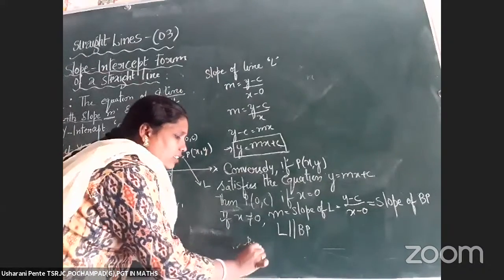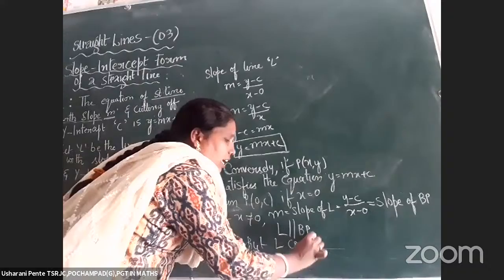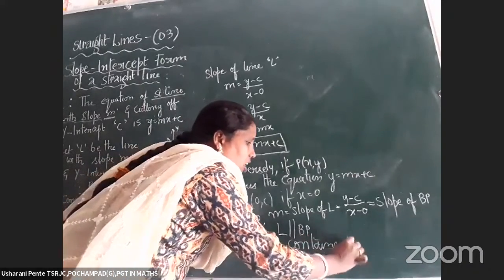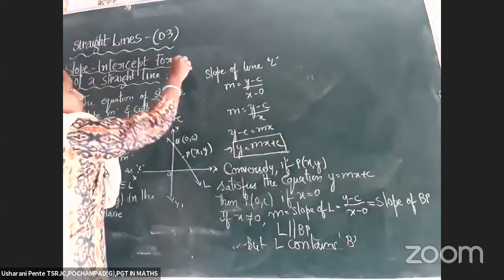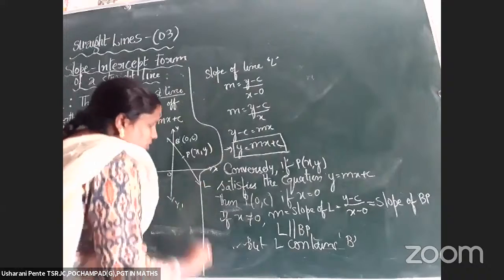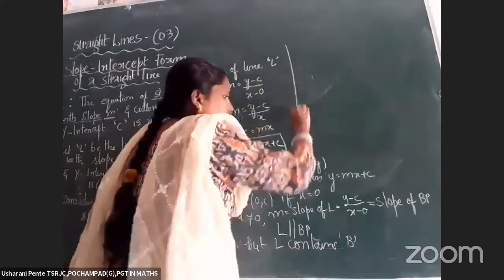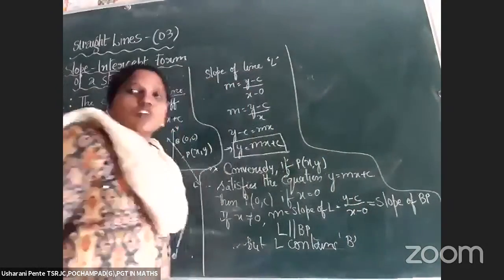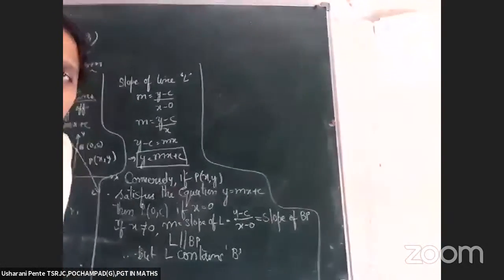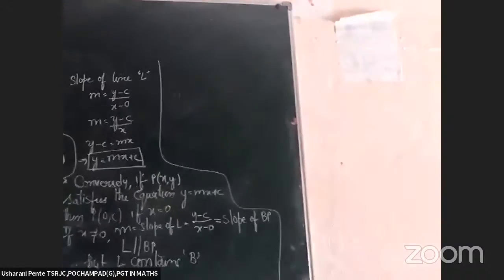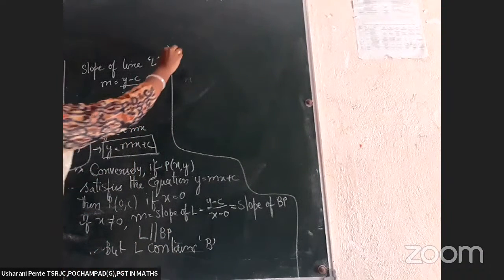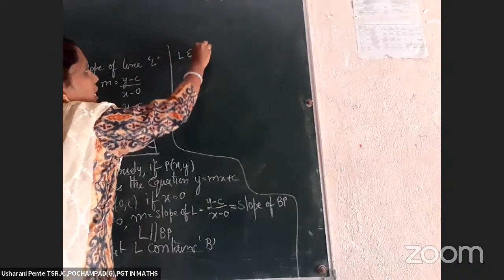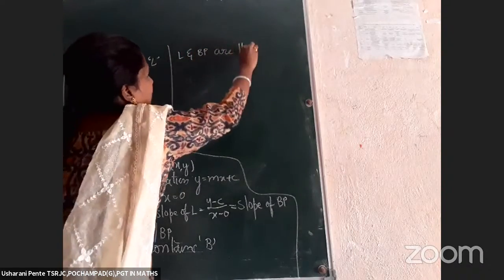But L already contains B. Therefore, L and BP are the same line.